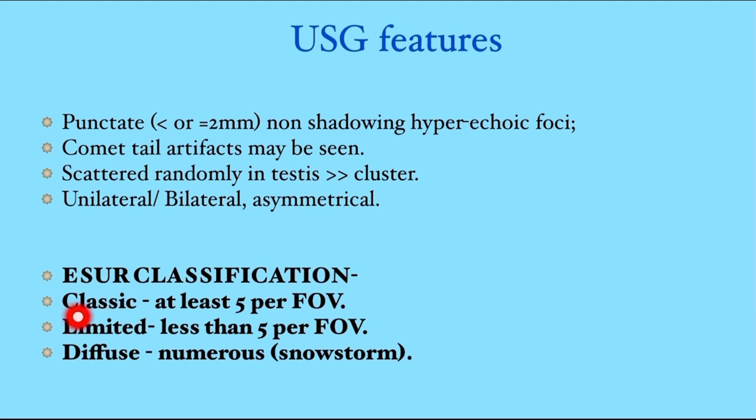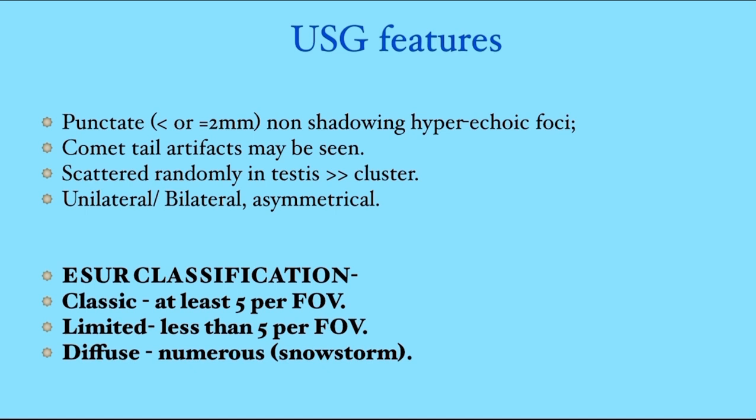First is classic. Classic is when at least 5 microliths are present per field of view. Limited microlithiasis is less than 5 microliths per field of view, and diffuse microlithiasis is numerous microlithiasis, that is snowstorm appearance of microlithiasis.